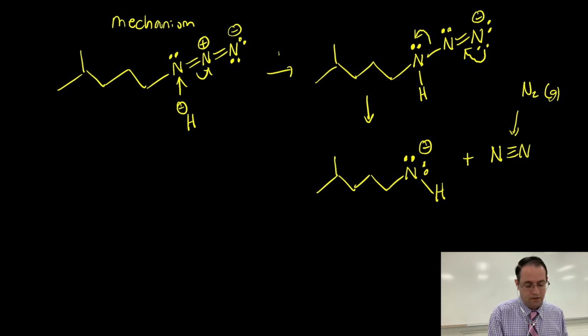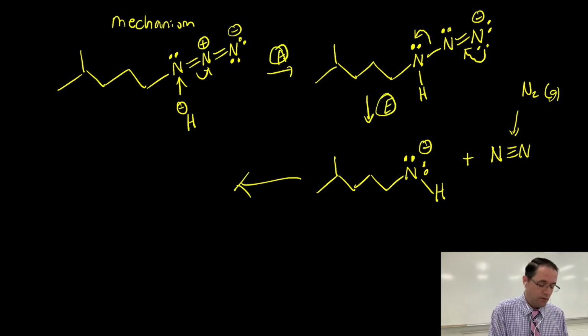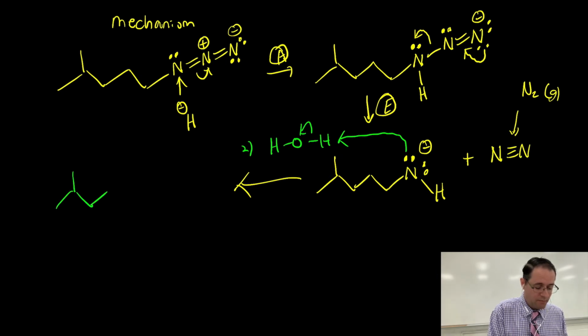So that's just N2 gas. Okay, that would bubble away from the reaction mixture and leave very cleanly. And at this point, let's label these. This is A for attack, this is eliminate. And then in step 2, we would add water, right? So water is added, and this guy here will pick up a proton from water to give us the final primary amine, okay?